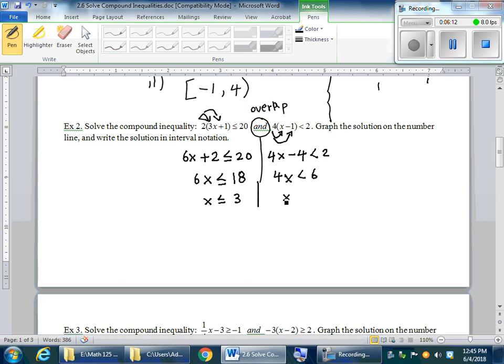Dividing both sides by 4 gives 6 over 4, and then you need to reduce it, so reducing by 2, x is less than 3 over 2. As in the previous example, we visualize our graph first as side work, so it helps us see better what the solution is.